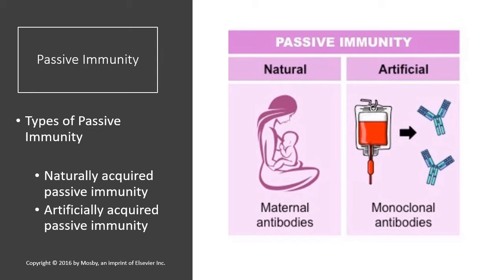And we might inject these into a person who doesn't have immunity to an antigen that they're exposed to. So it provides good temporary immunity to make sure that somebody doesn't get too sick. So just remember, passive immunity is temporary.